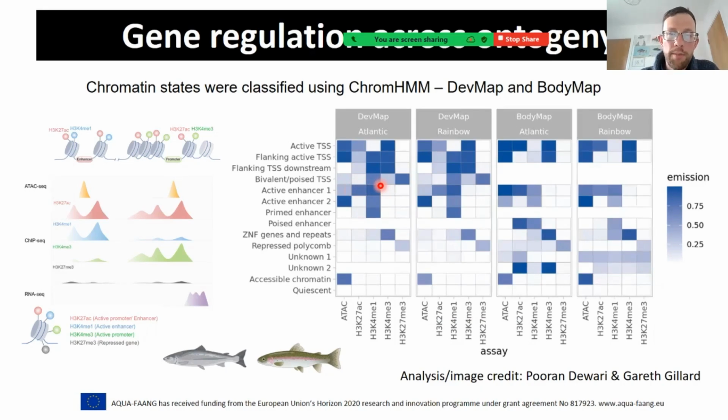For example, you can see repressed polycomb is marked specifically by H3K27me3. And we can also identify regions of open chromatin that lack any histone marks, which we know are highly enriched in CTCF binding sites. And these have previously been identified in zebrafish, so are an interesting category of element in their own right.